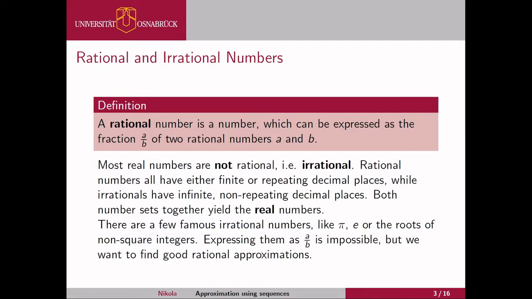So, before we start with actually talking about sequences, we have to take a look at the properties of different sets of numbers, because this is kind of the baseline motivation of what we're doing here. I've written down the definition of a rational number. It is that it can be expressed as a fraction of two integers, a over b.